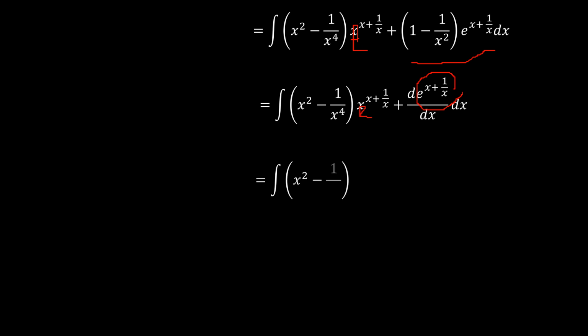So the next thing we'll do is we'll expand out. We'll try to investigate and express this term here in the form of the product of this derivative of x plus 1 over x.